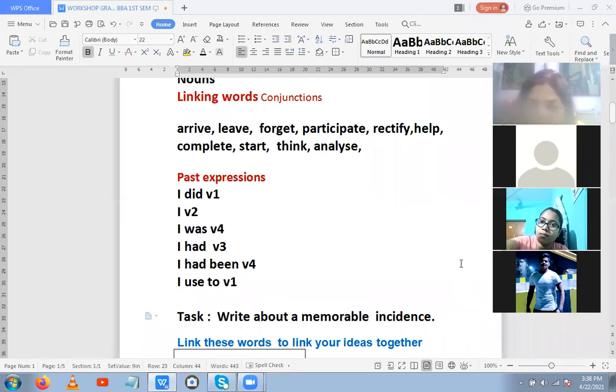Have you finished? Six sentences. Just drag the words and complete the sentence. But yes, don't forget to use the linking words.